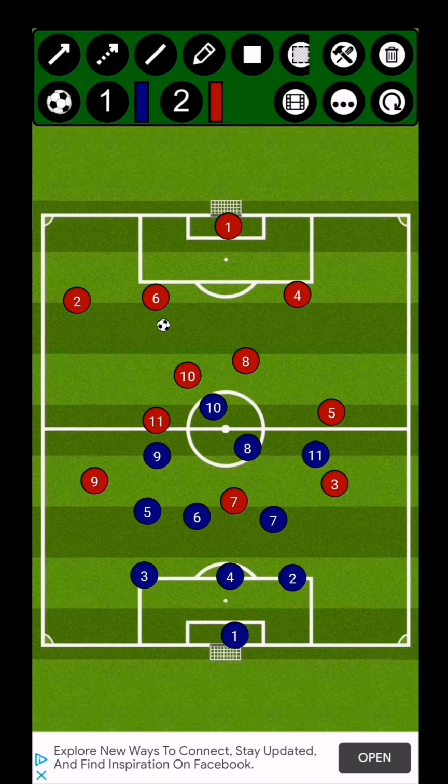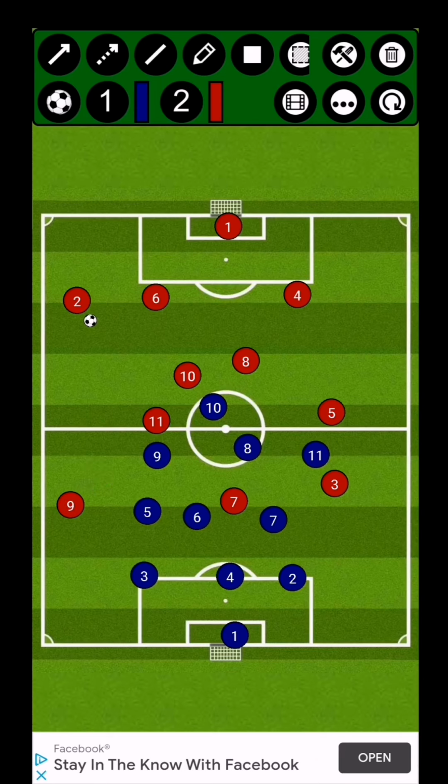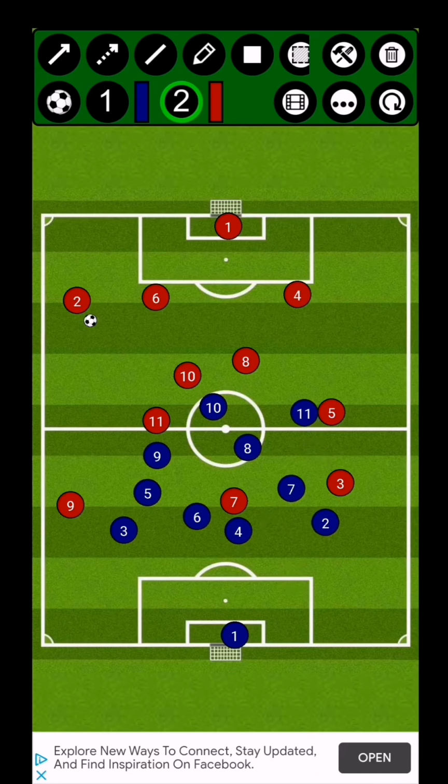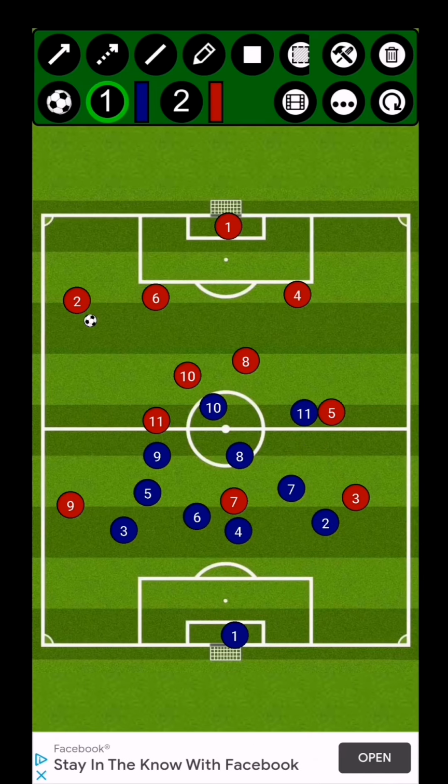Okay, now we want to stay tucked in. So obviously if they are coming, we want to push up a little bit just so we're not resting close to our goal. Okay, so that's how we want to be tucked in.